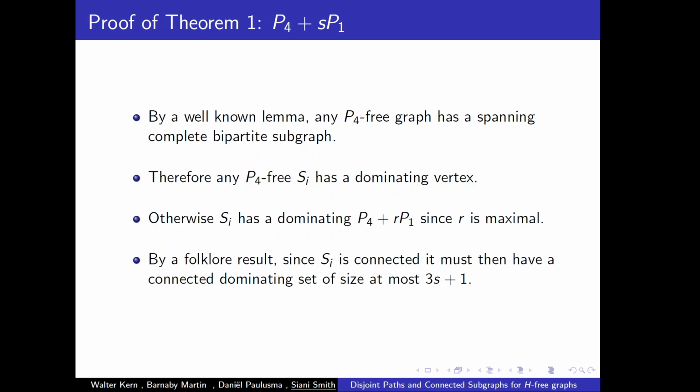Otherwise, since r is maximal, S_i must have a dominating P4 + rP1, and we have this folklore result which says that if we have this dominating set of size at most s + 3, then we can find some connected dominating set of size at most 3s + 1.